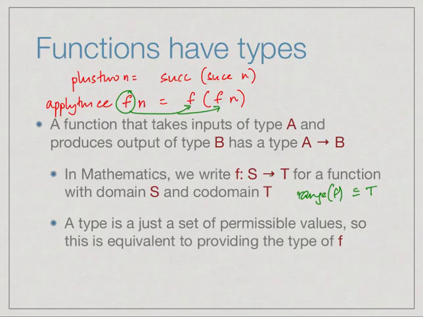So a type of a function in a programming language is exactly that. It says take the input type and the output type and say it transforms values of type A to values of type B. Okay? So a type is just a set of values. So when we say we have the set of whole numbers, it just means that the values permitted are 0, 1, 2, 3. We say we have a set of characters, then we have a set of symbols that we are allowed to type.